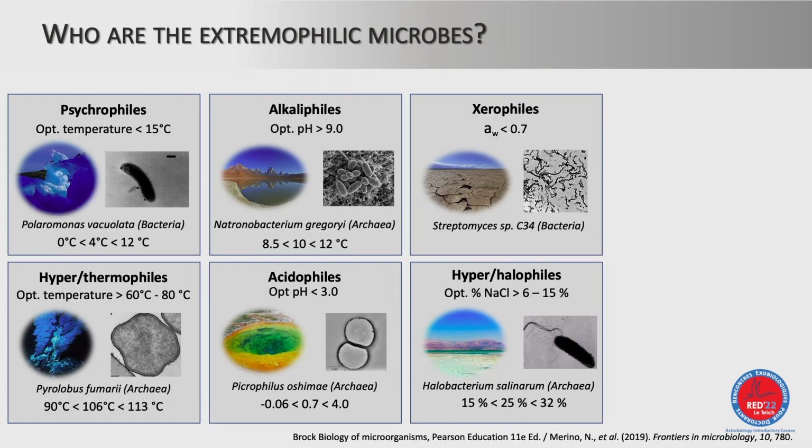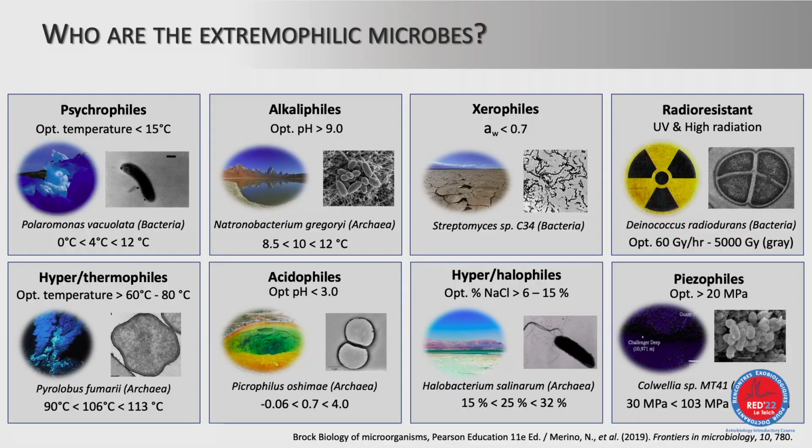And you have also halophiles and hyperhalophiles, which grow at really high salinity. And Halobacterium salinarum was isolated from a really salty lake, and can grow up to almost the saturation of sodium chloride.